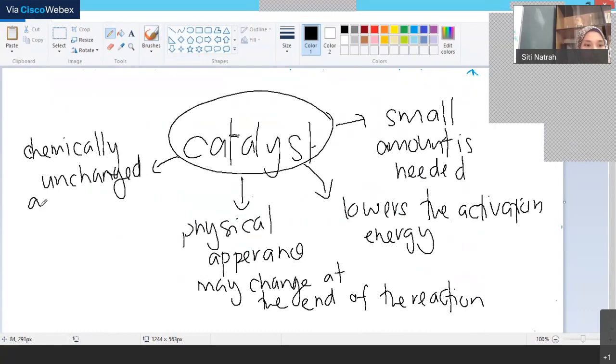So after reaction, kamu kena tahu. Biasanya catalyst ni kita guna bahan apa? So apa catalyst yang biasa kita guna? Kita guna apa dia? Manganese oxide. Ini contoh. Okay.